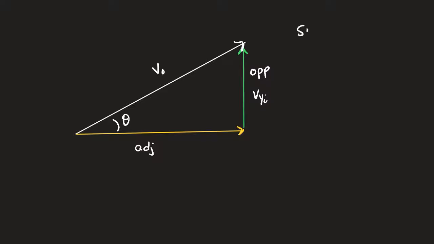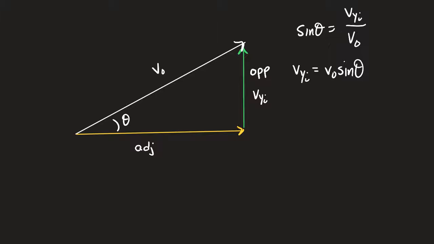Which means sine theta will always be the initial y velocity over the launch velocity. Which means, if you want to memorize something, that might be worth it. The vertical velocity is always a part of the launch velocity.